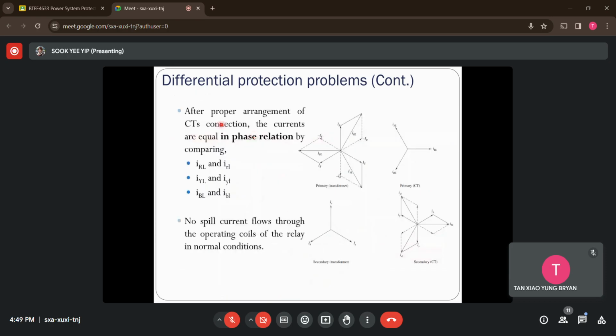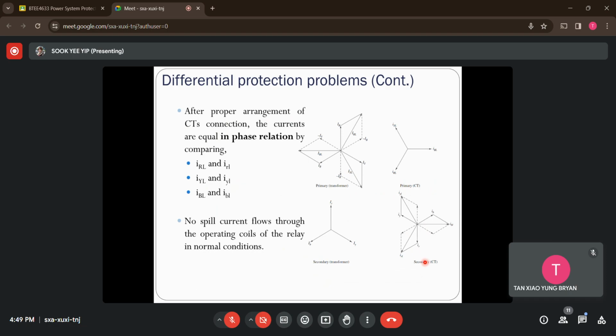After the proper arrangement of the current transformers, the current flowing through each phase, considering both primary currents and the secondary currents, will be in phase. If you see the phasor diagram, this is from the transformer primary side and secondary side. This is the output coming from the current transformers at the primary side and the secondary side.